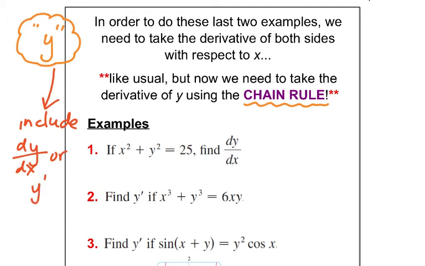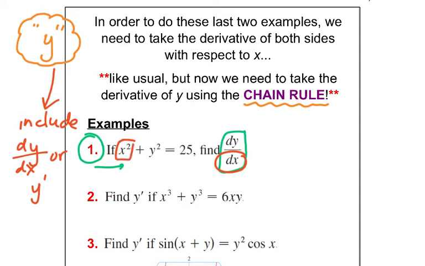Let me show you how. So for example, here's number 1. Here's our circle with the radius of 5. I want you to find dy dx, meaning can you find the derivative, or y prime. Now as you work left to right, you're going to take the derivative as normal with respect to x. So everything is going to be d something dx. Let's take the derivative of just the first term, x squared.